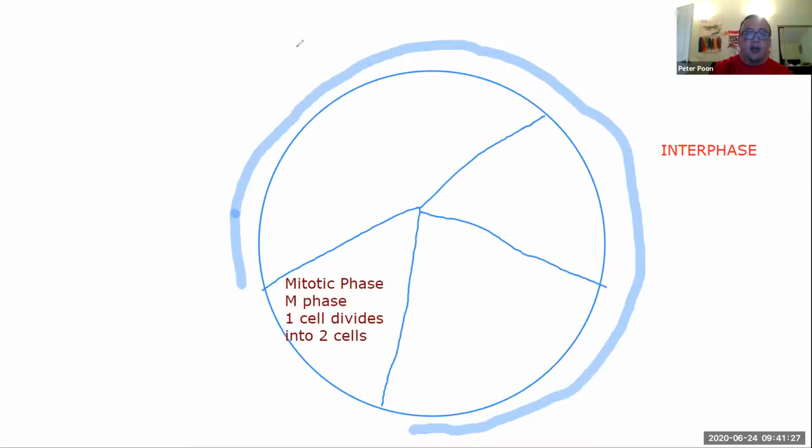This phase, we'll label it in orange here, is called the S phase. The S stands for synthesis.